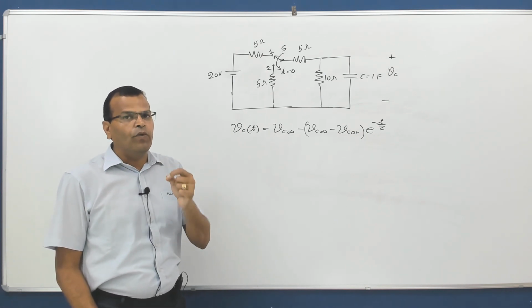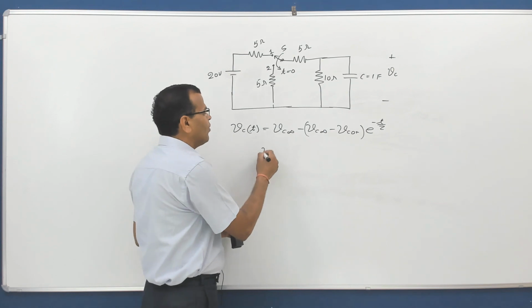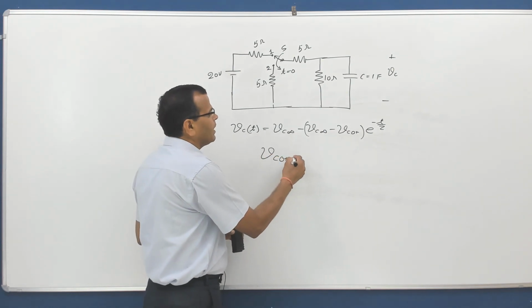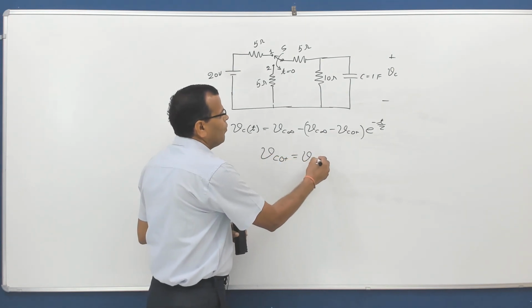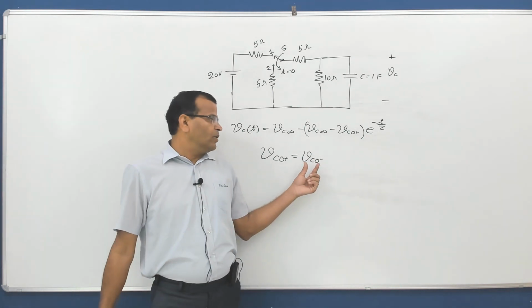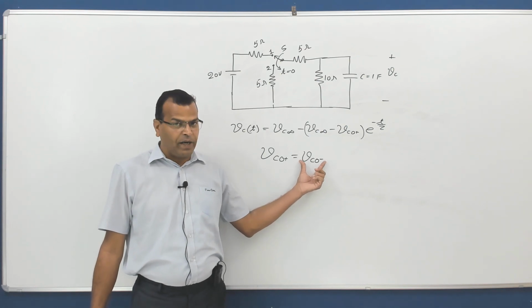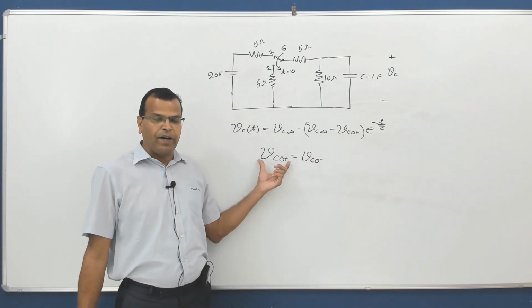I repeat, voltage across a capacitor cannot change instantaneously. It means the voltage at t equal to 0 plus is the same as the voltage at t equal to 0 minus. So if I can find Vc(0-), I will be able to find Vc(0+).